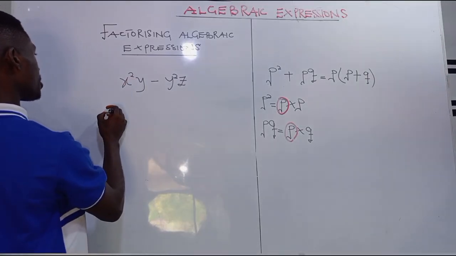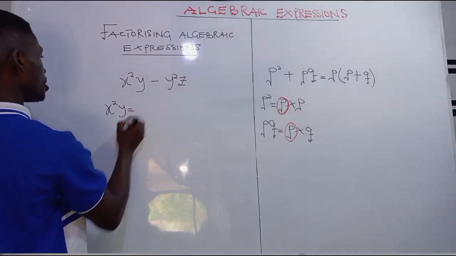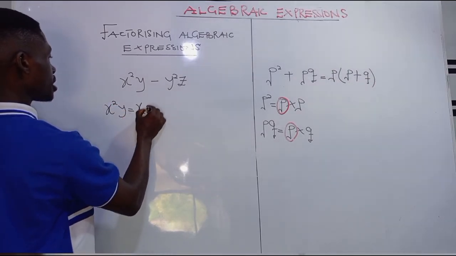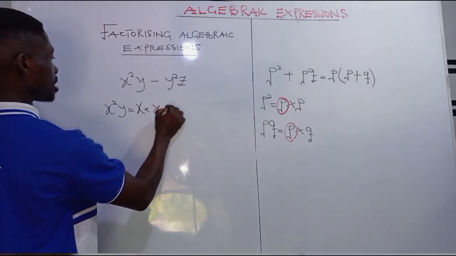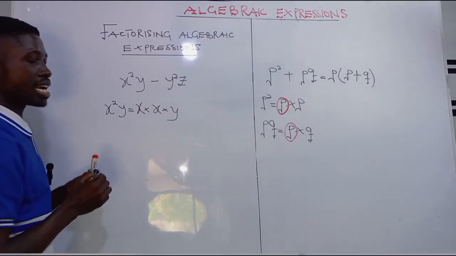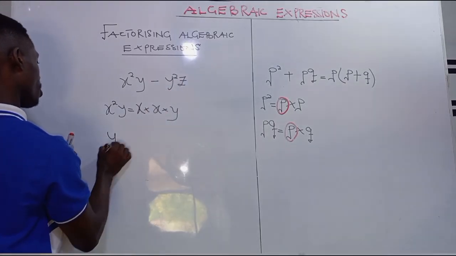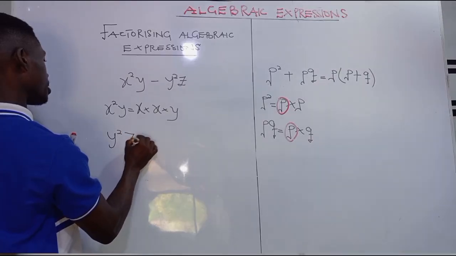So let's find the factors of s squared y. So the factors are s times what? s times what? y. Because this times that will give us what? s squared y.